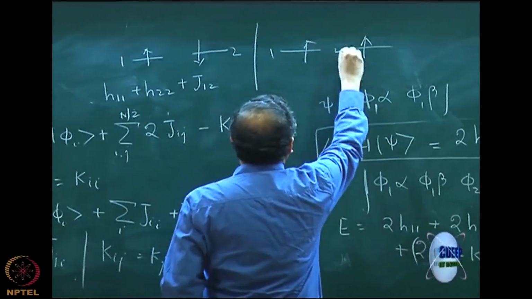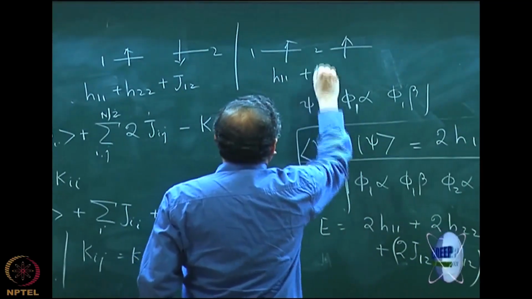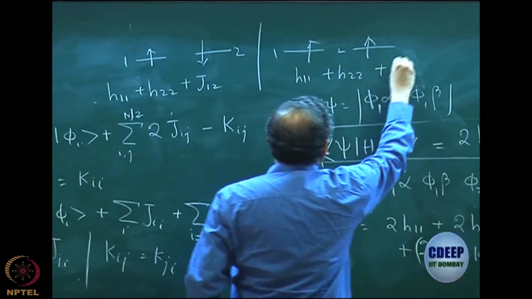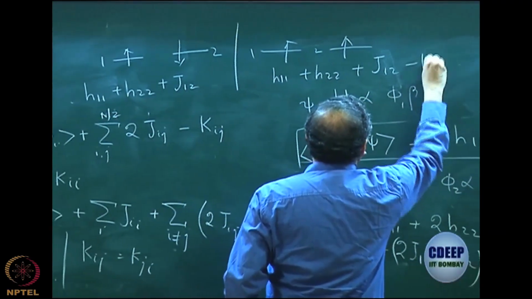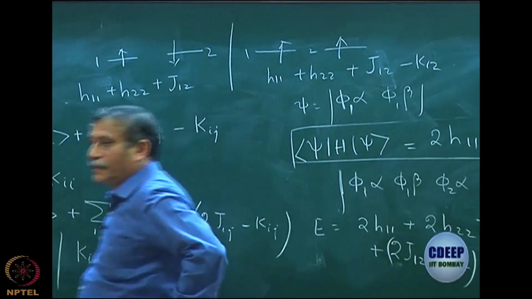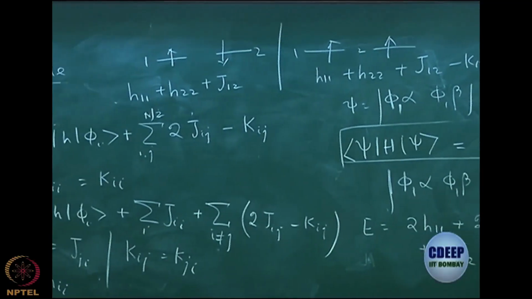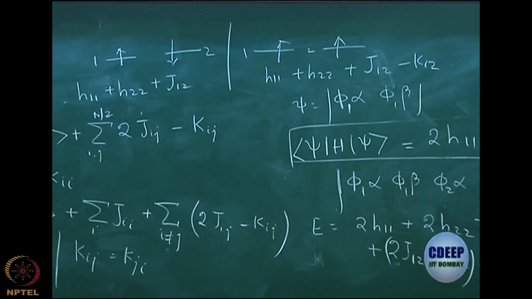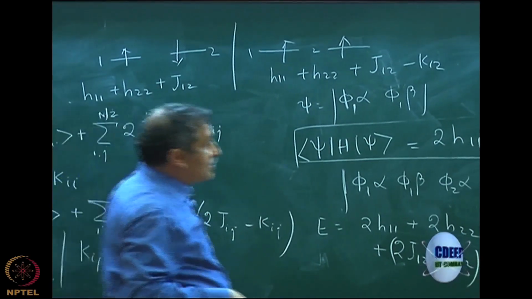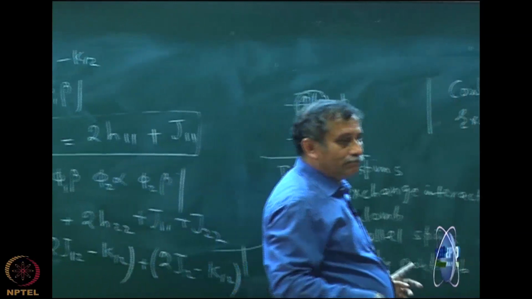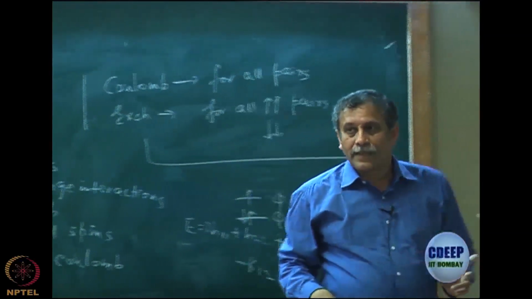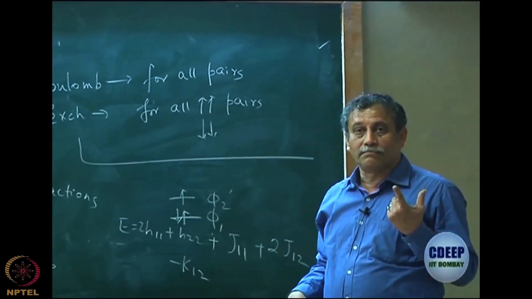Again here 1 and 2, H11 plus H22 plus J12 minus K12. Now it's very important, because you not only have one pair, but that's also a parallel pair. So parallel spins have both exchange and Coulomb. Anti-parallel spins have only a Coulomb.